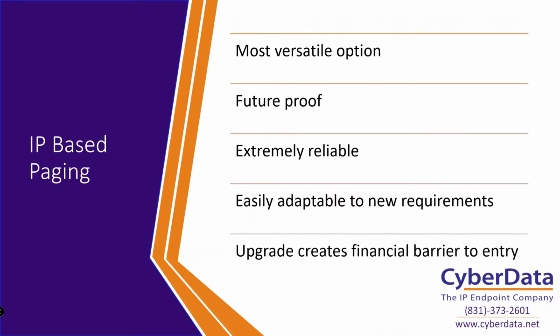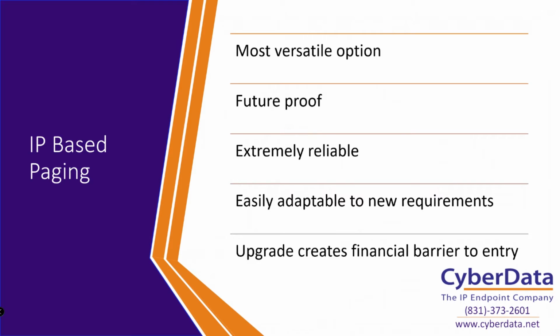Okay, so for an IP-based solution, this really ends up being the most versatile option. It becomes the most versatile because everything's going to be IP-based and SIP-based, and like we learned about in your hybrid-based system, your IP-based devices can update over time, meaning that they can have different firmware versions. The firmware can be iterated on, and that can of course fix bugs, but it can also add additional features.